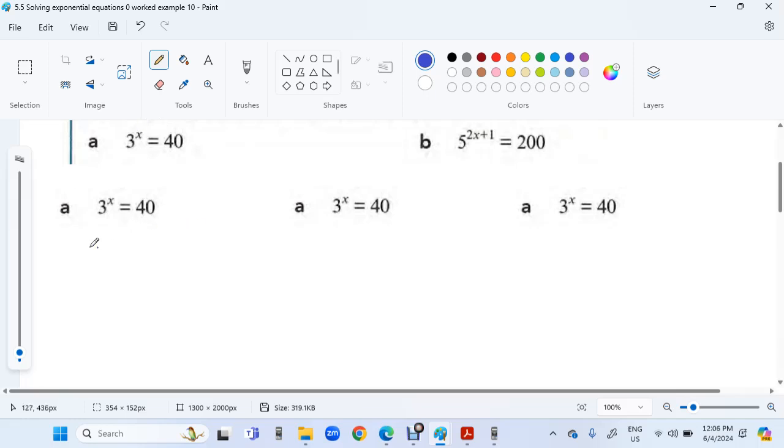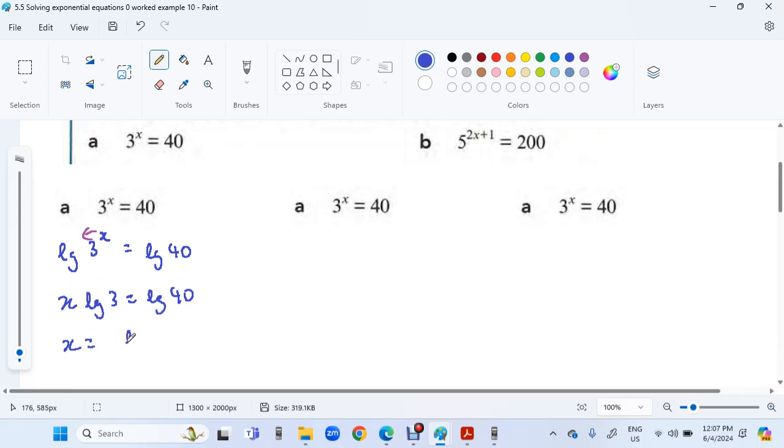In this subtopic, what they do is they log both sides. Log 3 to the power x equals log 40. Then the power we can move in front, so we have x log 3 equals log 40.